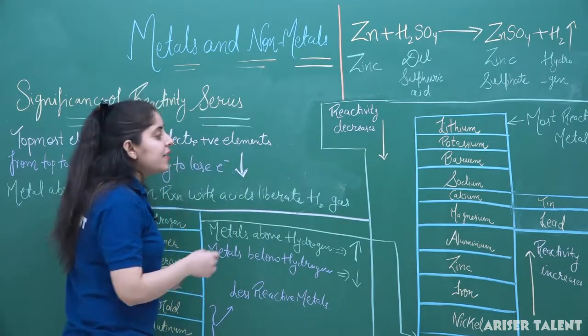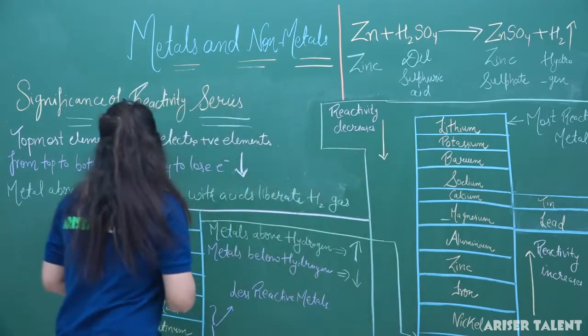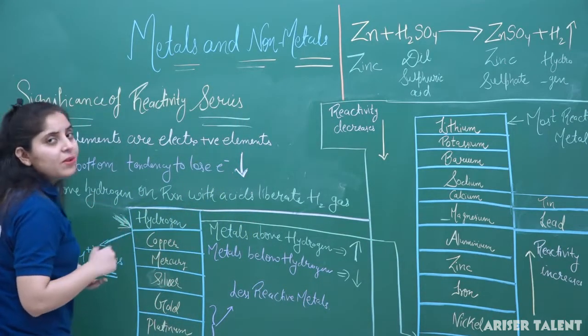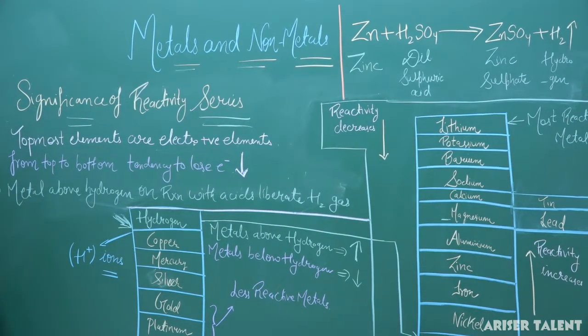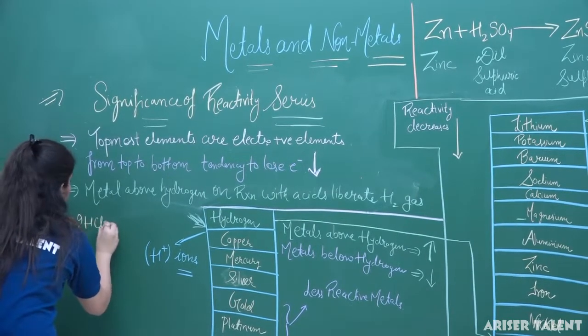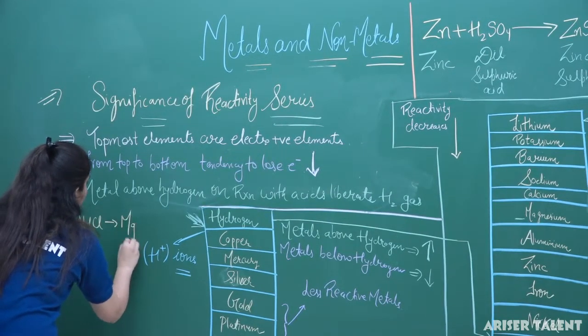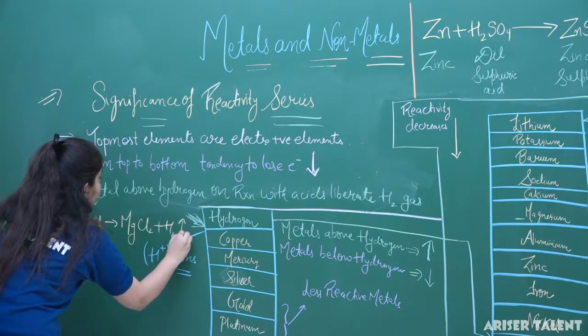Now we are considering another example, magnesium. We are going to react magnesium with hydrochloric acid. So what will happen here? When Mg reacts with 2HCl, it will form MgCl2 plus hydrogen gas, which is liberated again.